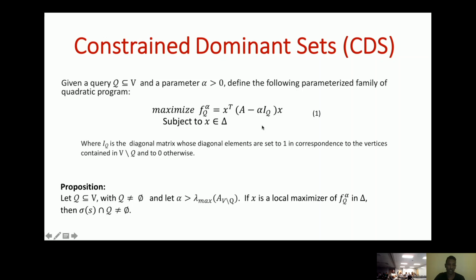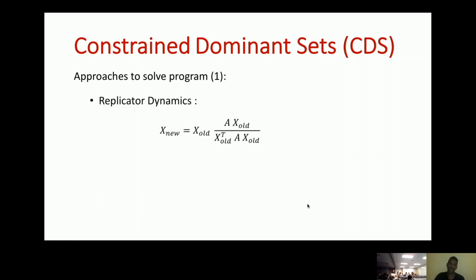Here we have a theoretical guarantee: if we take alpha greater than the maximum eigenvalue of the submatrix A, where this submatrix A contains the vertices outside the query, the local solution of this parameterized quadratic program will contain part or all of the constraint set specified by the user. So the dominant set and constrained dominant set can easily be solved using replicator dynamics, which is shown here.